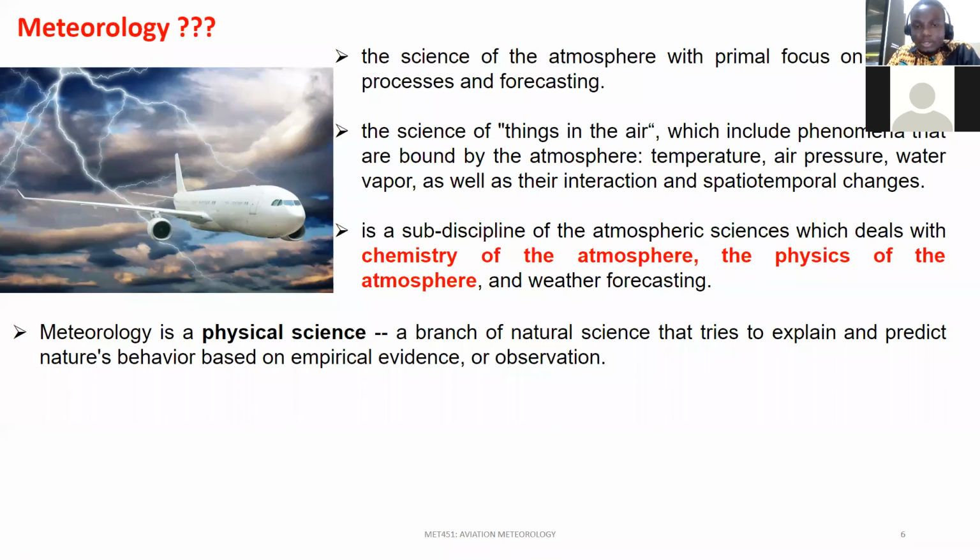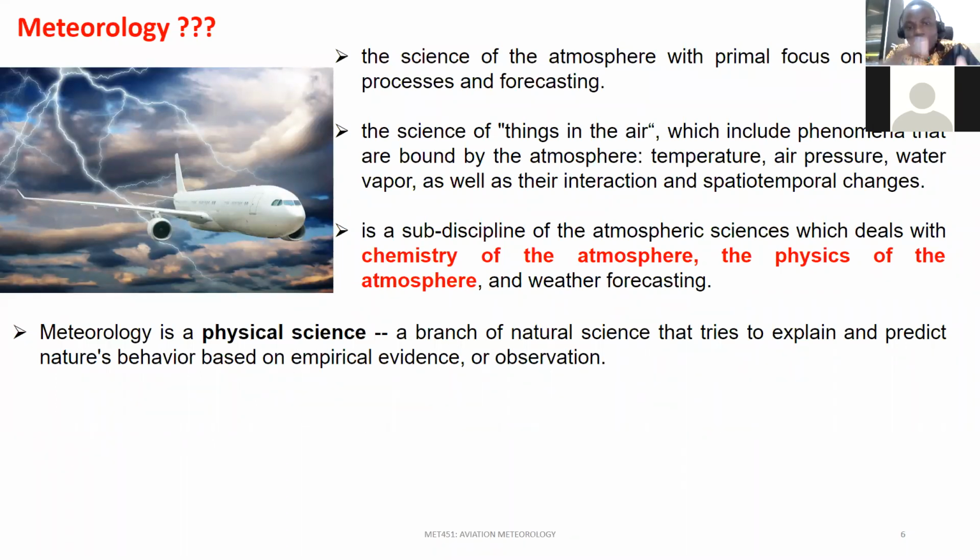So meteorology is not the same as somebody just assuming or guessing. It's different from you guessing. When it comes to meteorology, you are giving a forecast based on certain evidence.